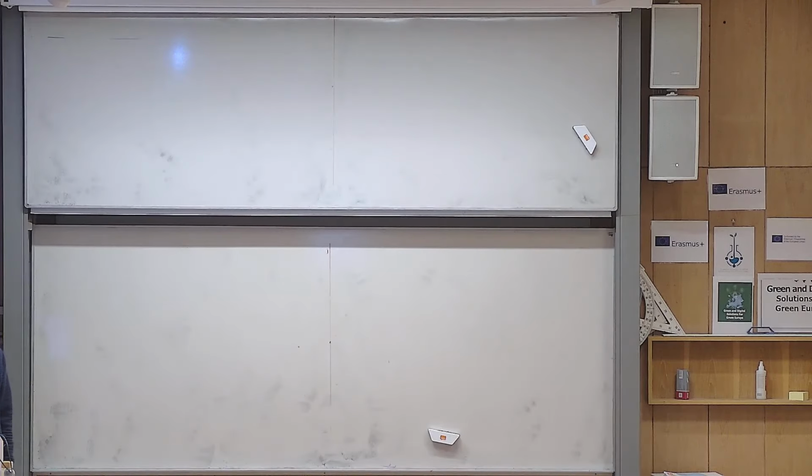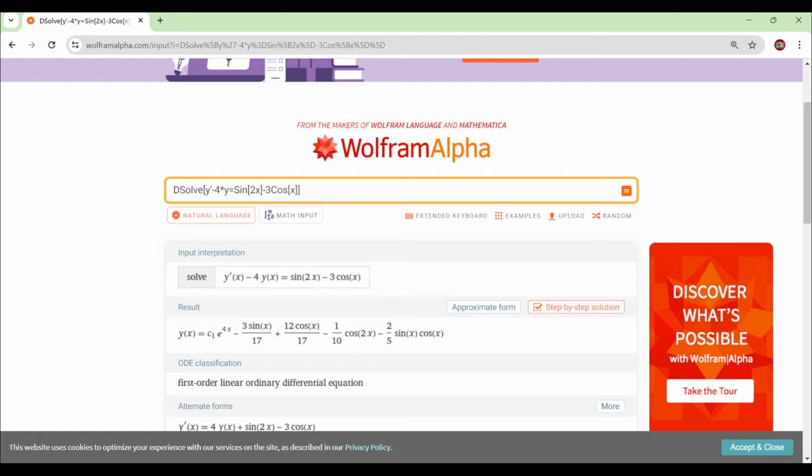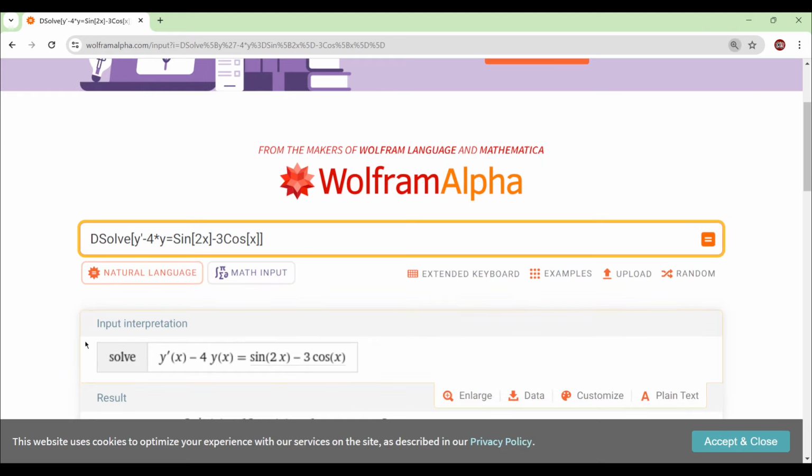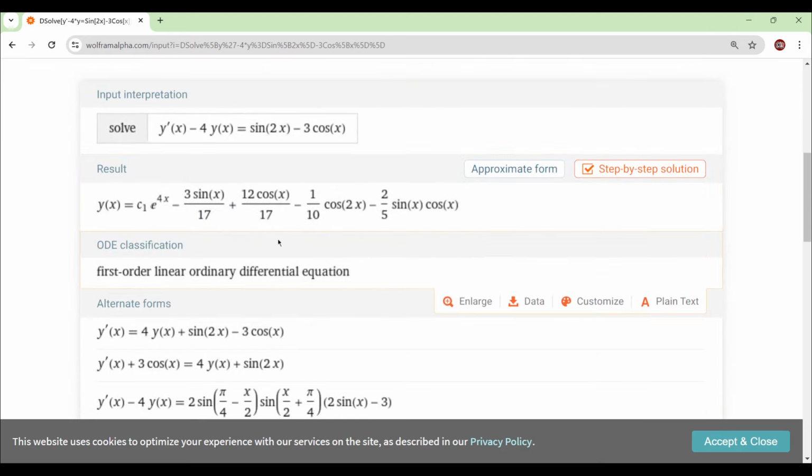We solve it next time, but I think I typed it here, so that should be your answer, according to Wolfram Alpha. The answer should be this expression. I don't know, did you find this answer, Simon? Make it bigger so that you can see better. This is the solution according to Wolfram Alpha.